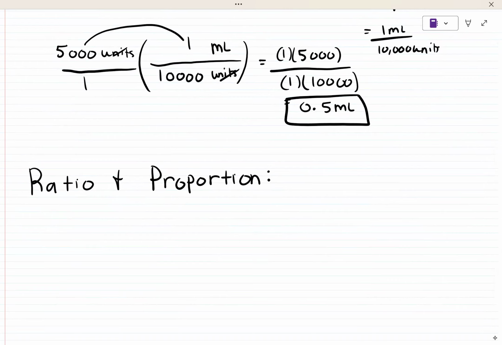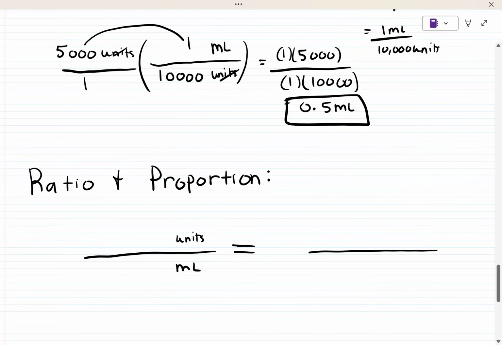Okay, now we can also do the same problem using ratio and proportion. So let's do that. We put units on the top and milliliters on the bottom.